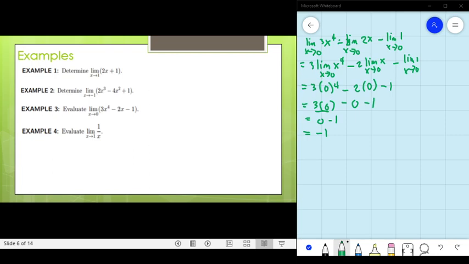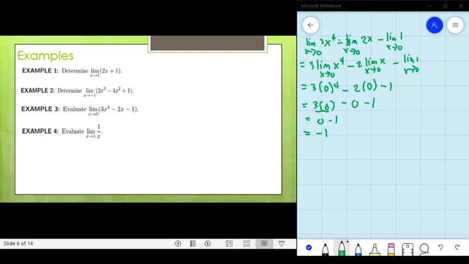So if the given function is rational, we will investigate first if the denominator is 0 or not. In this case, the denominator will never be 0 because x is approaching 1, therefore we can apply the division theorem.